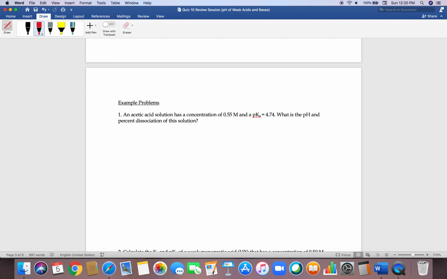So the first thing I'm going to want to find is the Ka, because from the Ka I can find the hydrogen ion concentration and get my pH and then get my percent ionization. So the pKa equals the negative log of the Ka.